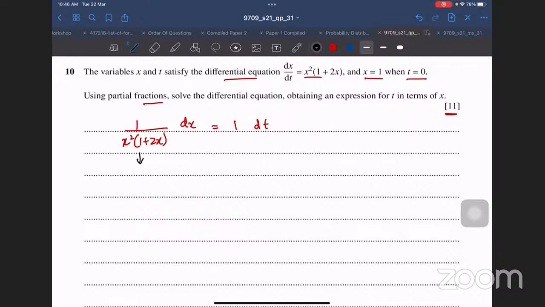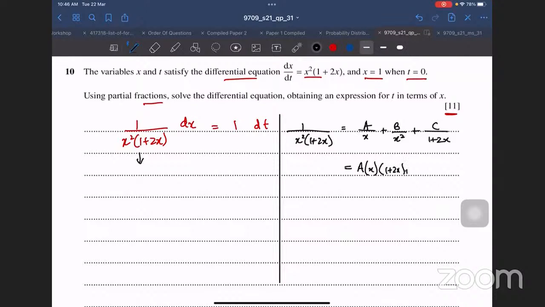I'm going to say that 1 over x squared (1 plus 2x) can be broken down into 3 partial fractions. In the case of a repeated factor, A gets multiplied with x and 1 plus 2x, B gets multiplied with 1 plus 2x, and C gets multiplied with x squared.